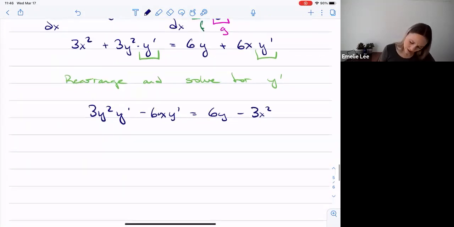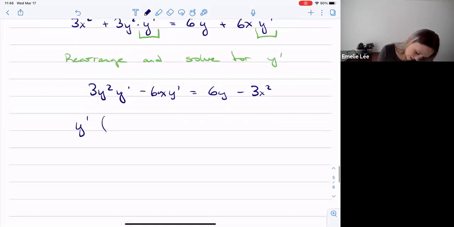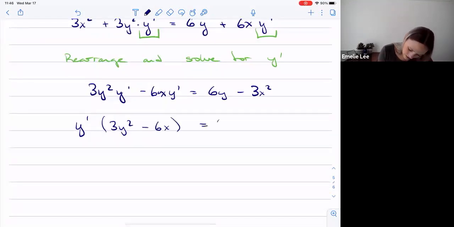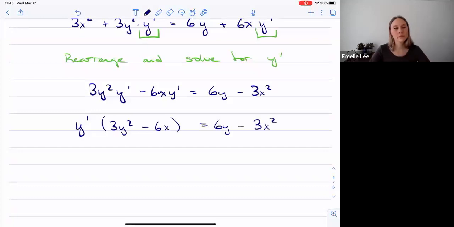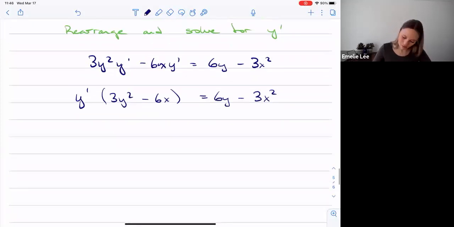Okay, good. So now I can factor out a common y prime. I get y prime times (3y squared minus 6x) equals 6y minus 3x squared. Home stretch here, solving for y prime, not bad.